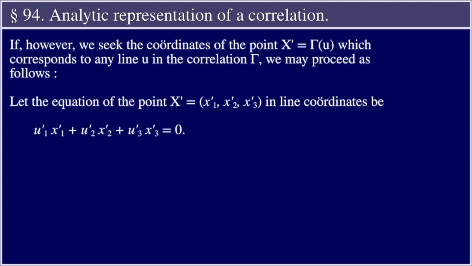If, however, we seek the coordinates of the point x' equals gamma of u, which corresponds to any line u in the correlation gamma, we may proceed as follows. Let the equation of the point x' equals x1', x2', x3' in line coordinates be u1' x1' plus u2' x2' plus u3' x3' equals 0.